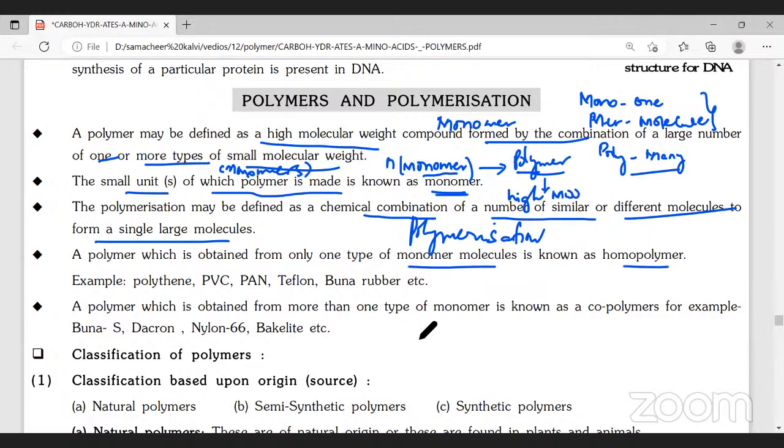Now, a polymer which is obtained from only one type of monomer molecule is known as a homopolymer. For example, if we write CH2=CH2, this is ethene. Now, one more ethene molecule is represented like this.